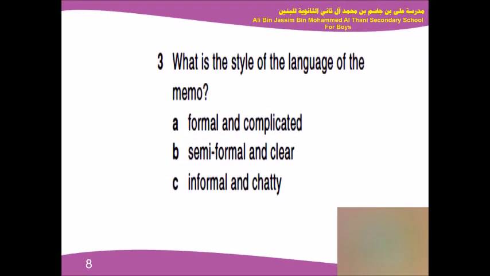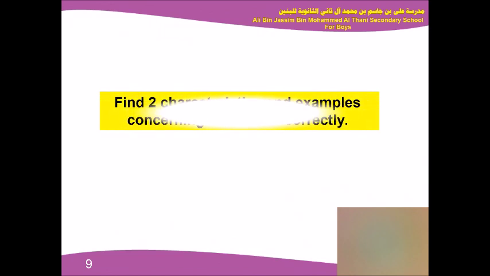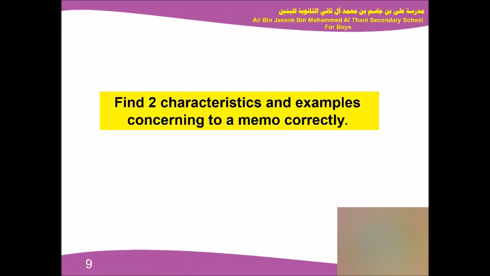Now let's talk about the style used in writing the memo. What is the style of the language of the memo? It's semi-formal and clear. The style here is semi-formal. Now what about the characteristics and examples concerning a memo?